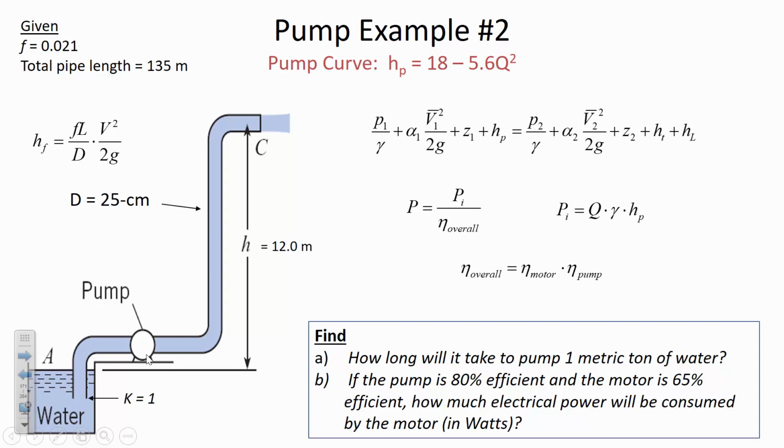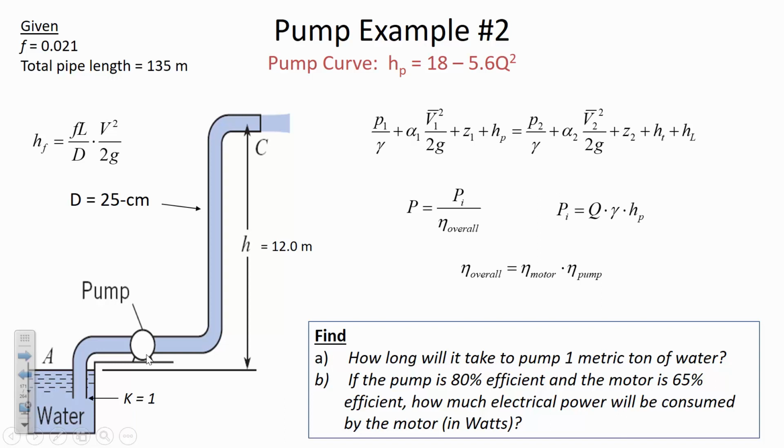And this pump curve is just given by the manufacturer, and if we look at it, what's the cutoff head of this pump curve? What's the cutoff head? The head against which the pump isn't able to generate any flow rate. If Q is 0, what's the pump head? 18 meters, yeah. So what that means is that's the maximum elevation this pump is able to lift against.